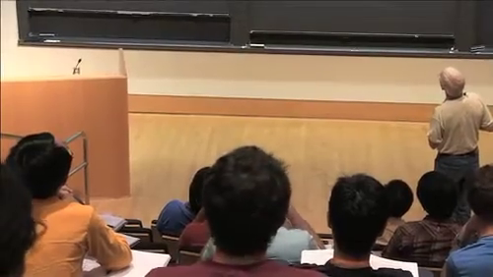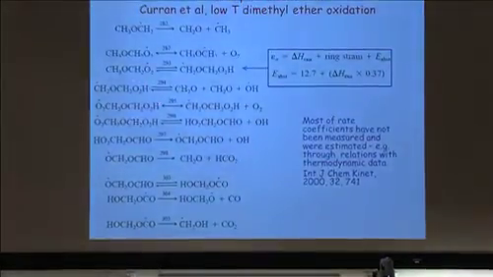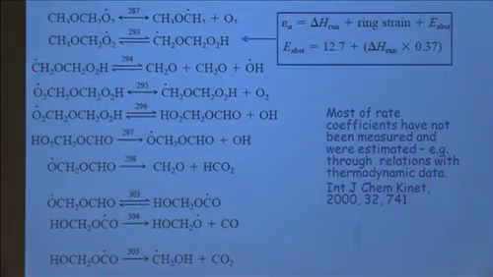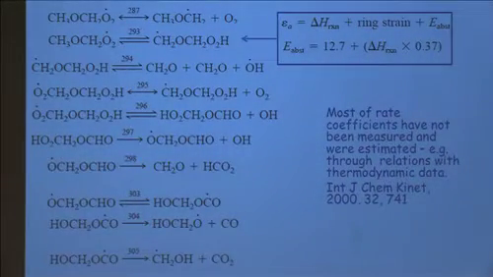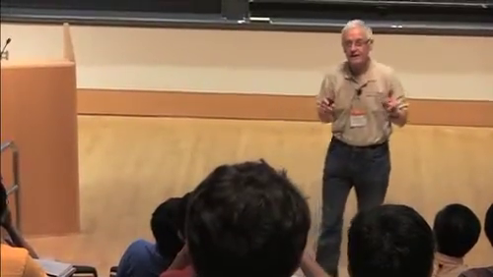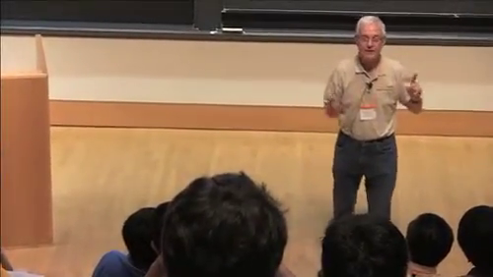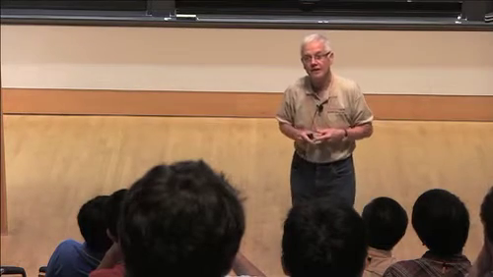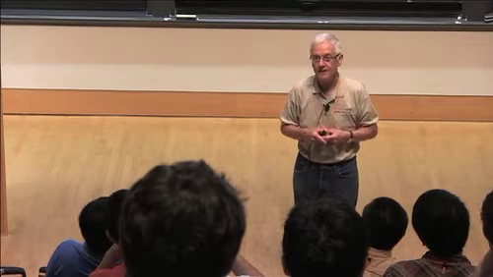For example, this species here, this hydroperoxy radical, there has only been one observation of that species. At least, I think, certainly a year ago, there had only been one observation, and that was in a flow reactor in China, using synchrotron VUV photoionization spectrometry.